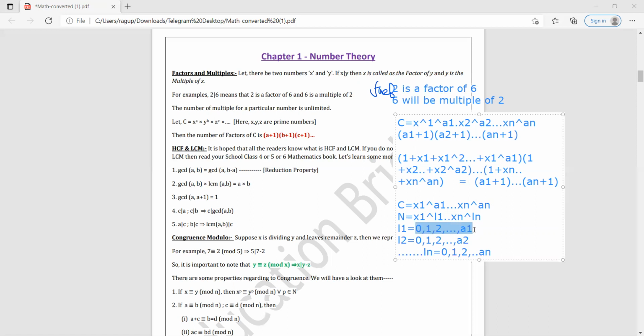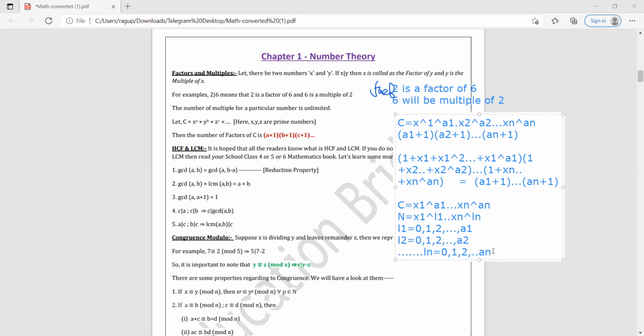So there are a1 plus 1 ways to choose the first exponent. Here we have a2 plus 1 ways to choose the exponent. Similarly, we have an plus 1.